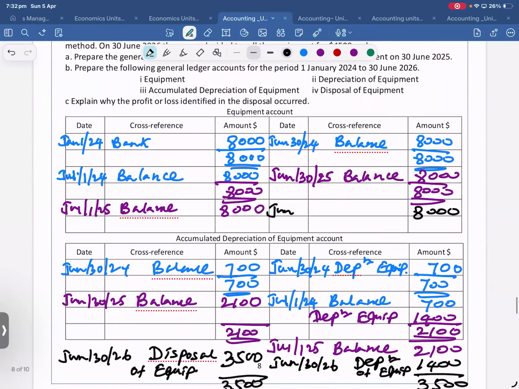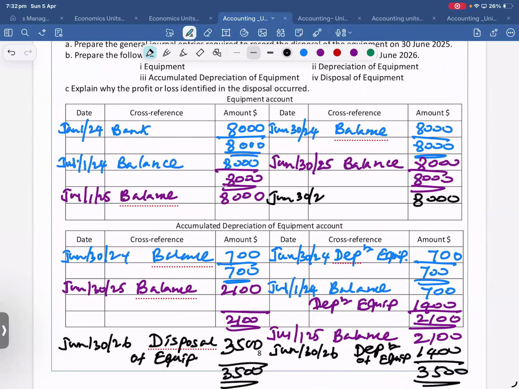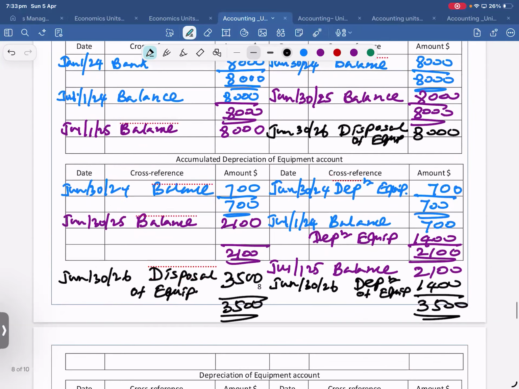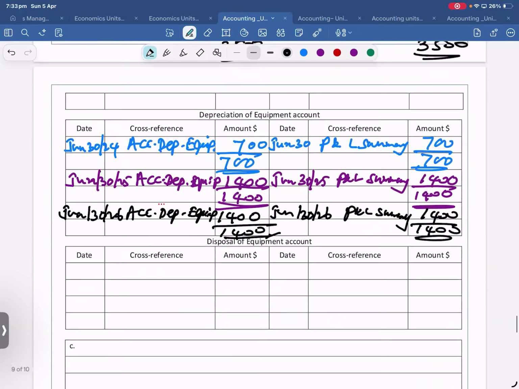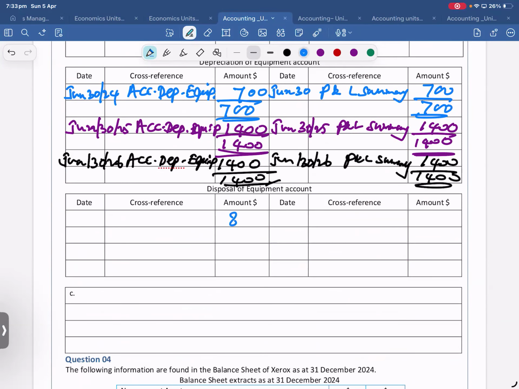June 30th, 26, we transfer it to the disposal of equipment. Yes. Then we are transferring it here, 8,000. June 30th, 26, equipment, 8,000.